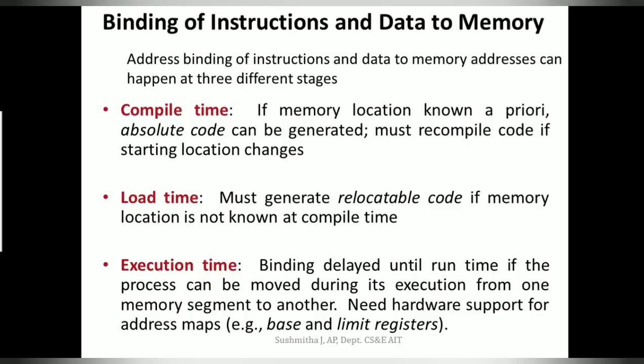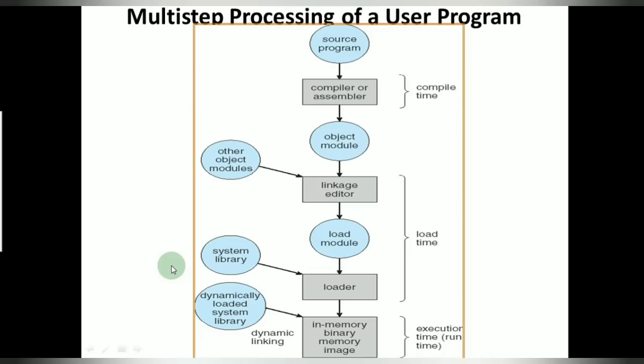As said, there are three stages: compile time, load time, and execution time. In a simple C program, your .c file is converted to .obj, and then the .obj file is converted to .exe. Similarly, we have three different address bindings happening.